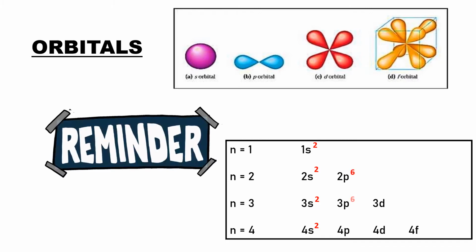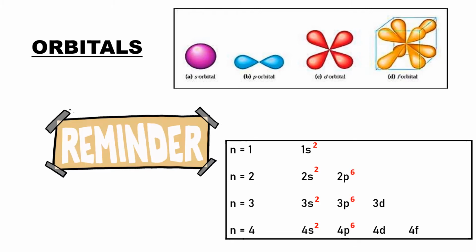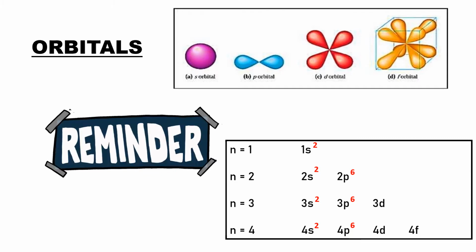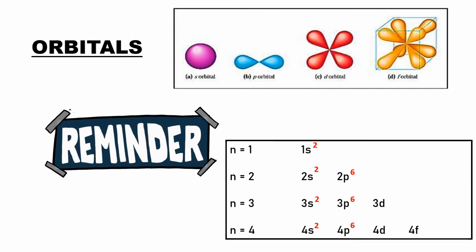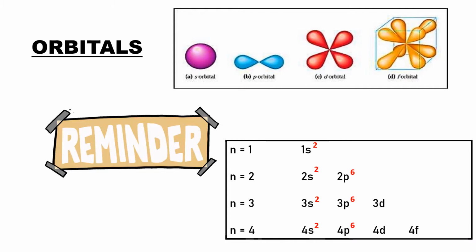So it is 2p6, 3p6, and 4p6. While for the D orbital, it can hold up to 10 electrons, maximum of 10. So meaning to say it has 5 orbitals. So it is with a maximum of 10, so it is equivalent to 3d10, 4d10.